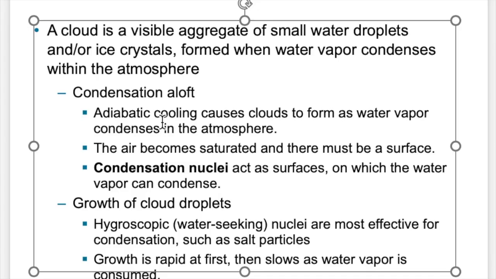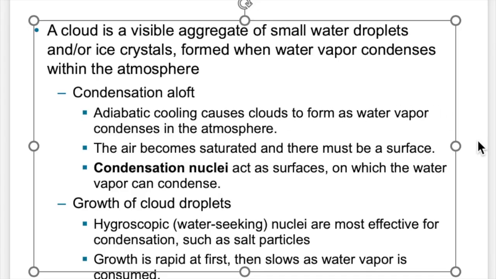This is known as condensation nuclei, and condensation nuclei act as surfaces on which the water vapor can condense. And there are hygroscopic, water-seeking nuclei, such as sea salt, which are more effective for condensation.